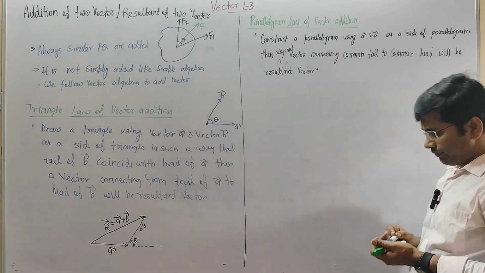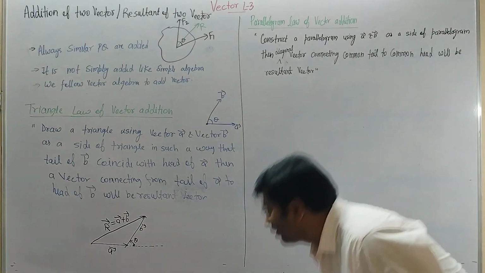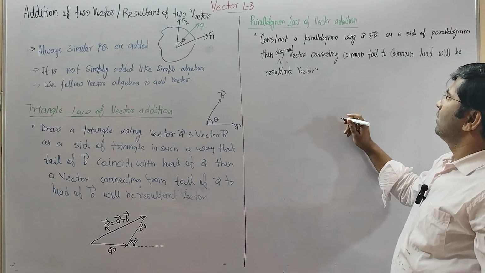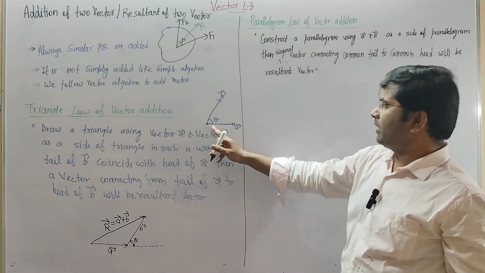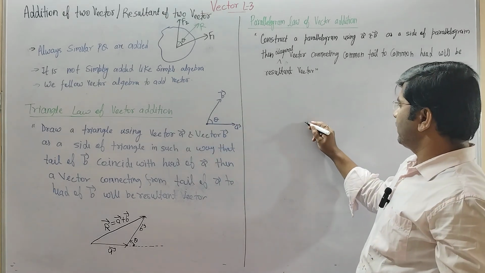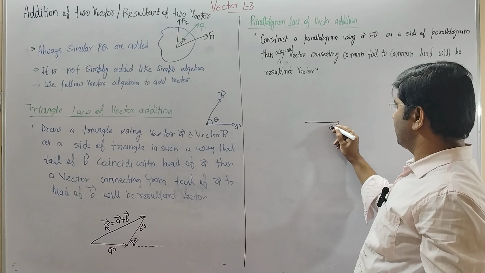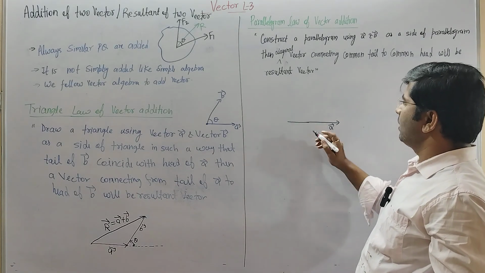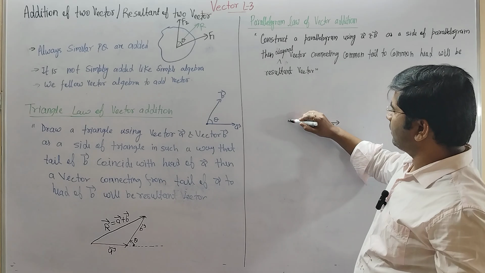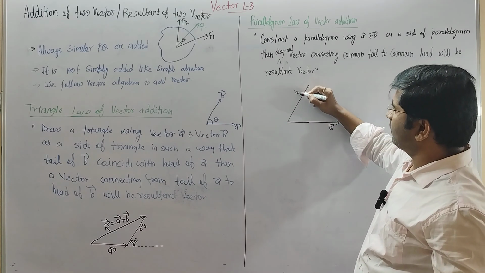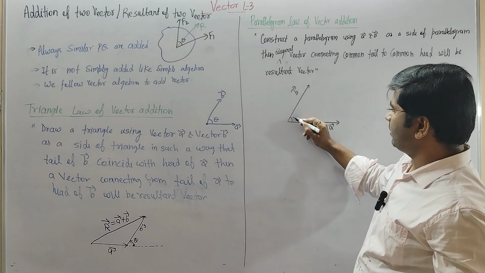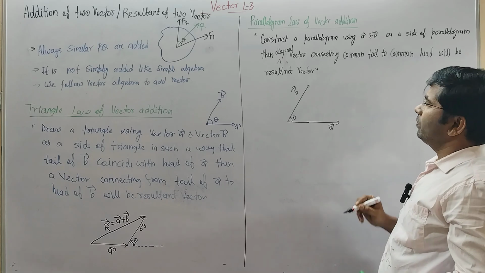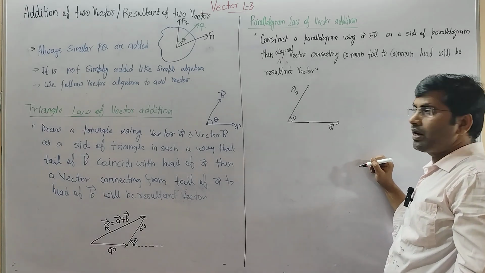Okay, so here we can draw this diagram. This is vector A and this is vector B. Let's take here, this is vector A. Now vector B, another side, angle between vector A and B is theta. Now we have to construct a parallelogram.